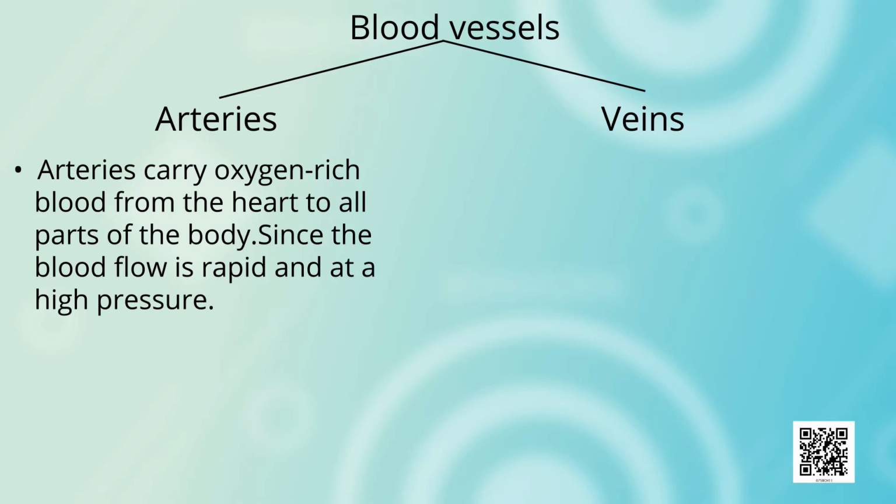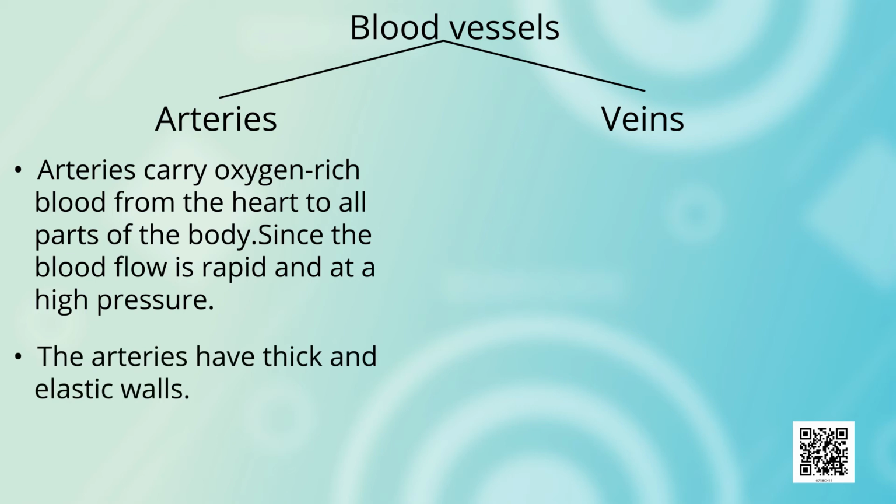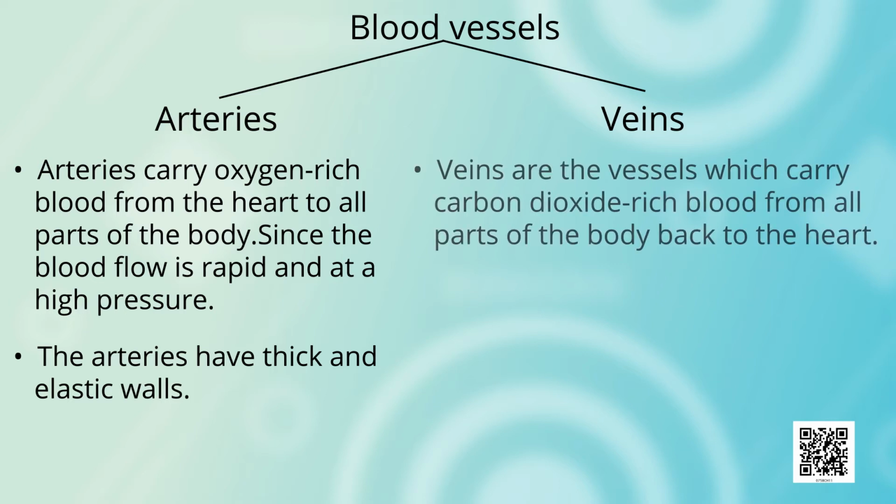Since the blood flow is rapid and at a high pressure, the arteries have thick and elastic walls, whereas veins are the vessels which carry carbon dioxide rich blood from all parts of the body back to the heart.